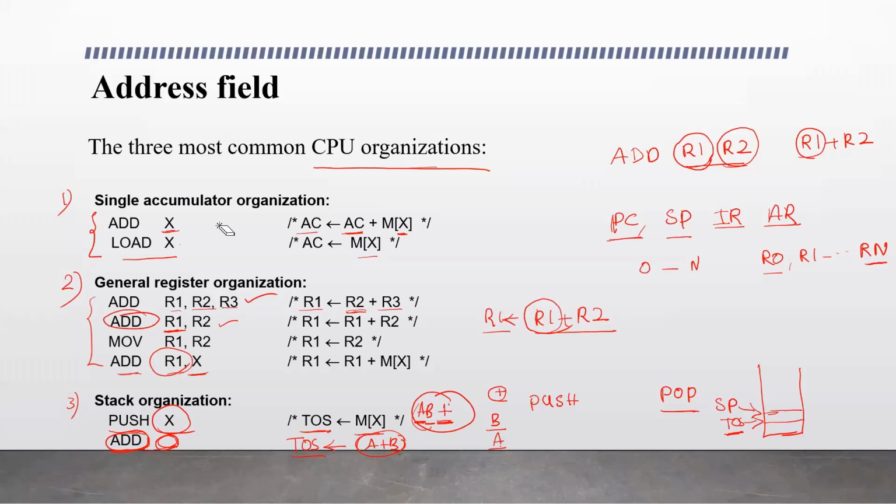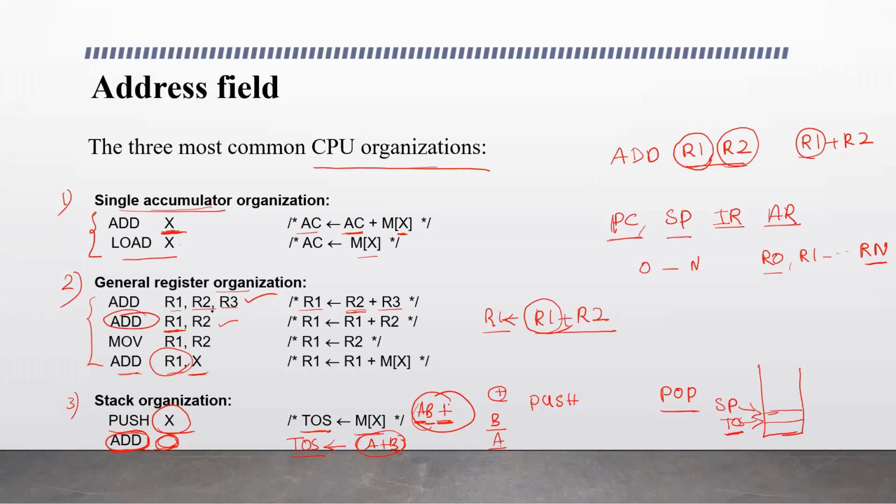Add is an instruction that adds two operands, it cannot be performed on a single operand. But here the instruction has only a single operand, that is the data in memory at location X. So automatically, in single accumulator organization, it takes the content of accumulator as the second operand.